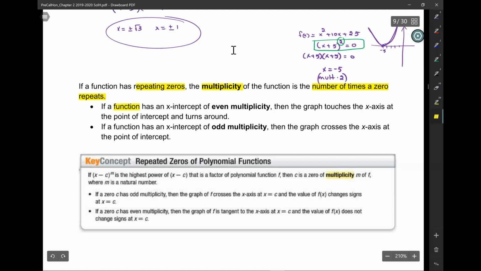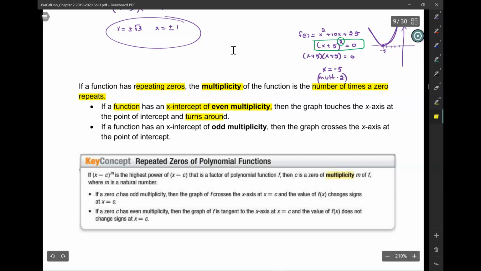If a function has an x-intercept of even multiplicity, like here we had a multiplicity of 2, that's an even number, then the graph touches the x-axis at that 0 and then turns back around. You see that? So when x equals -5 was a 0, it came to that point and then it turned back around.